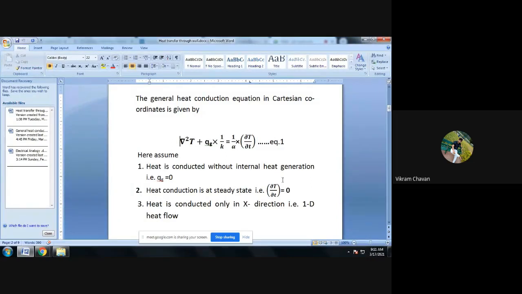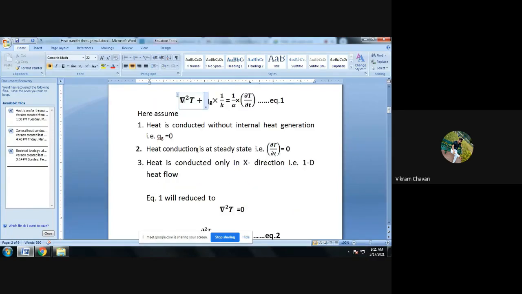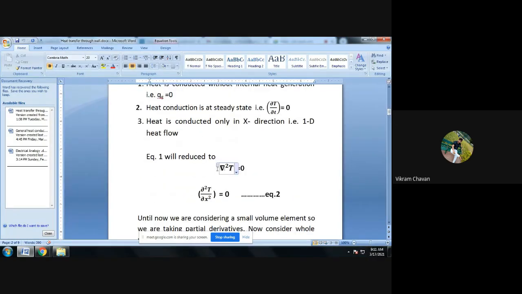Then the heat conduction is steady state, and the heat flow is unidirectional, flowing only in the x direction. After applying these assumptions on this equation, we will get del square T is equal to 0. Here del square is the vector operator for the x, y, z direction, which suggests that the temperature is changing with respect to x, y, z.